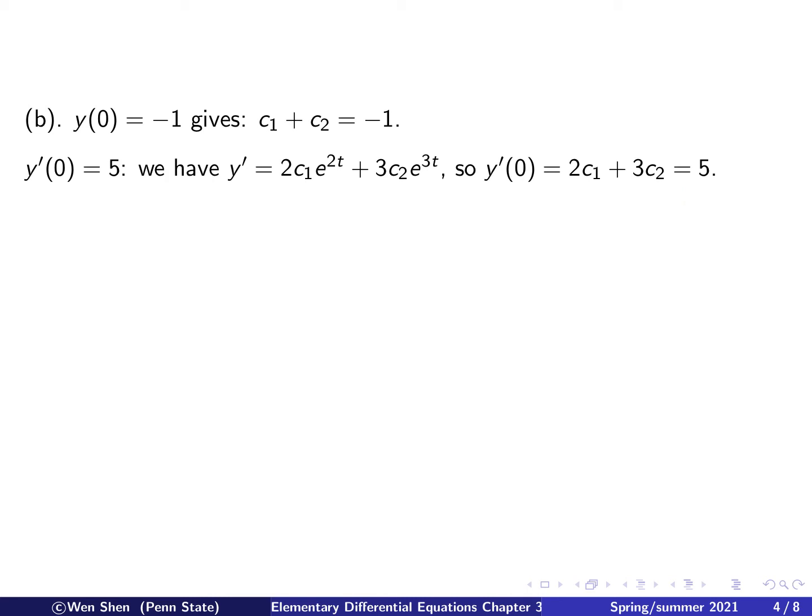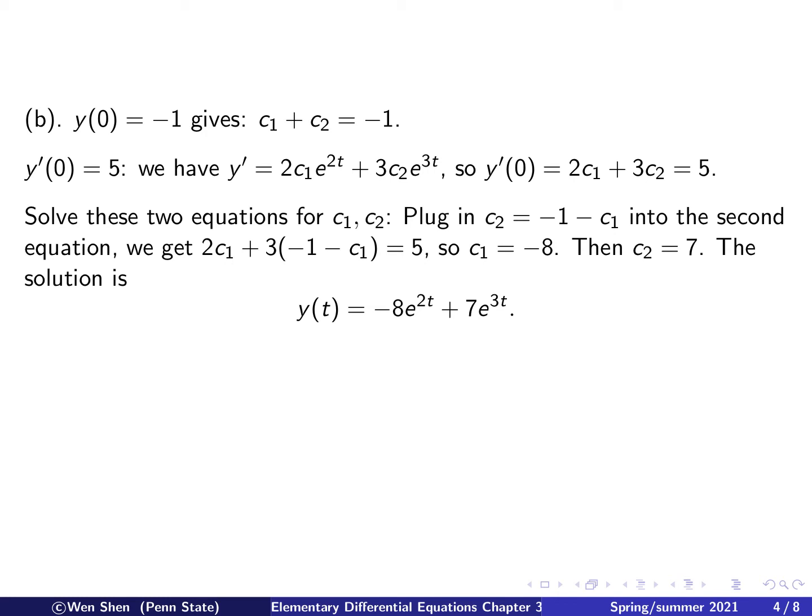So we see we have two unknowns, C1 and C2, and we have two equations, two linear equations, this one and this one, and we know how to solve it. Okay, so there are various ways of solving this. Let's just quickly introduce one briefly. So using the first equation, I have C2 is -1 minus C1, and then we can plug that into the second equation.